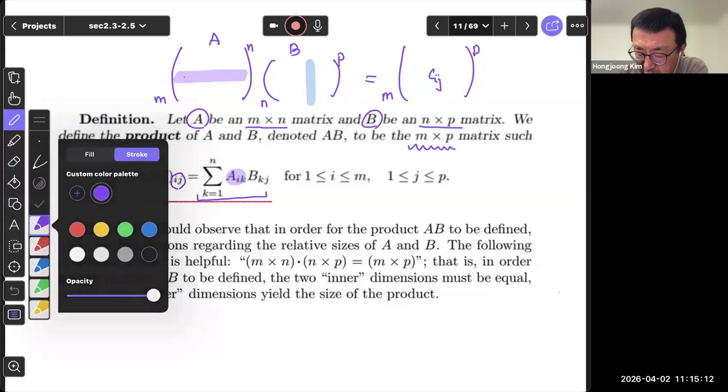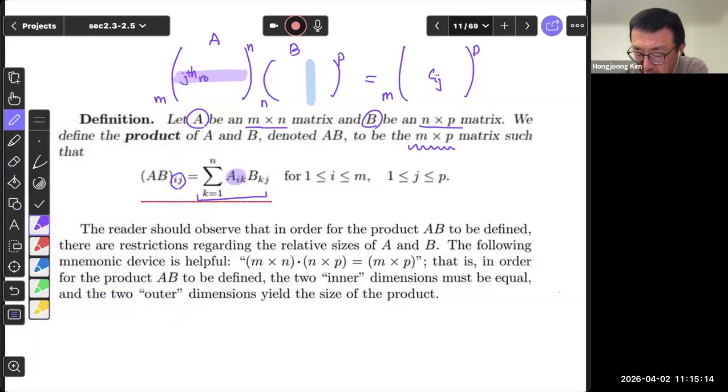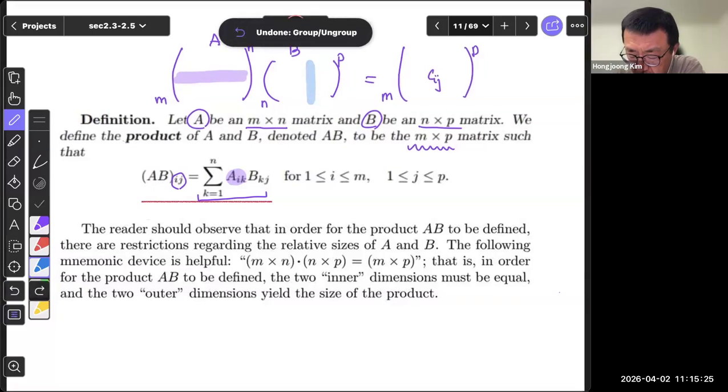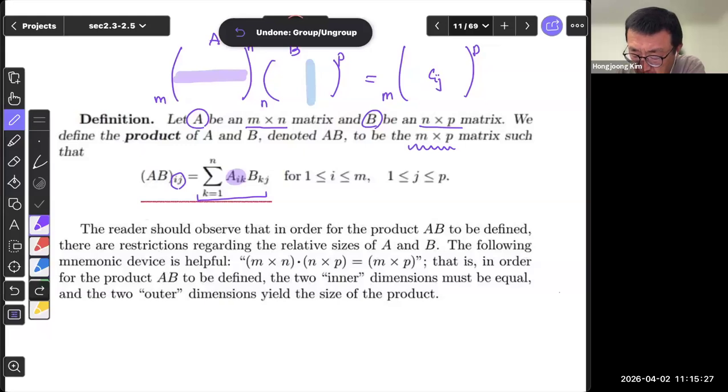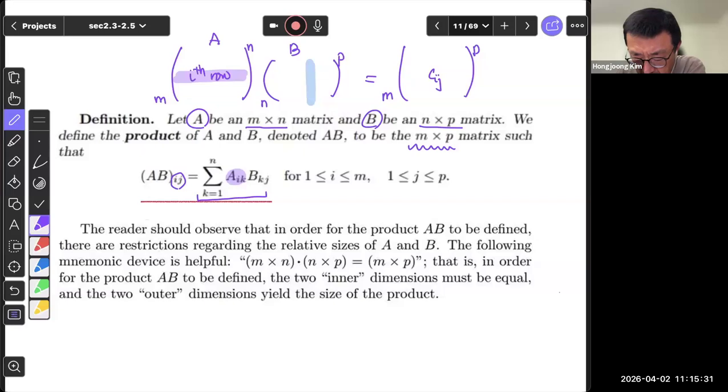So that is the ith row of A and the jth column of B; those entries are multiplied and added.